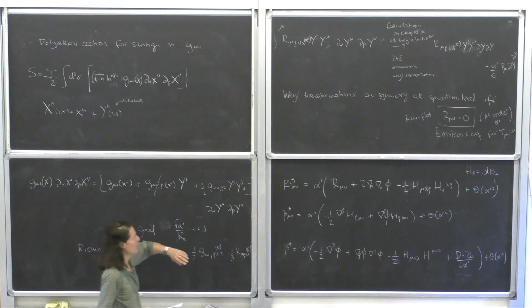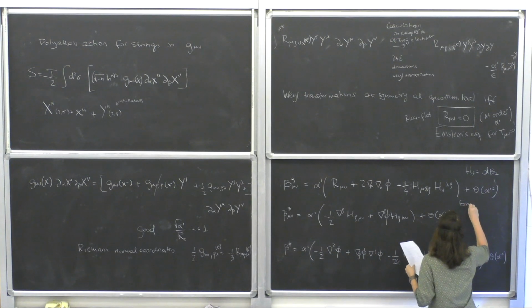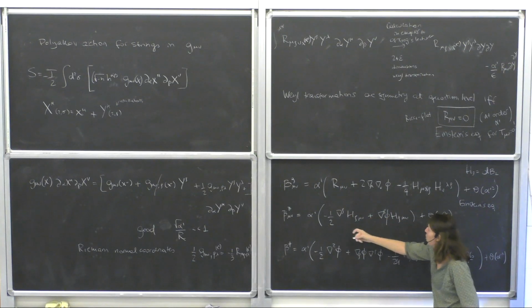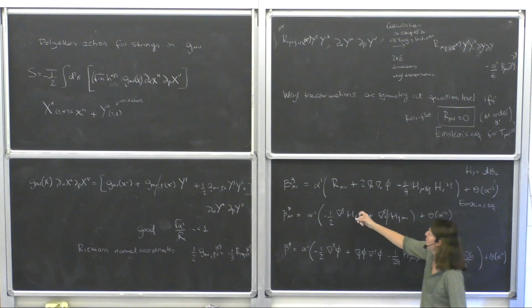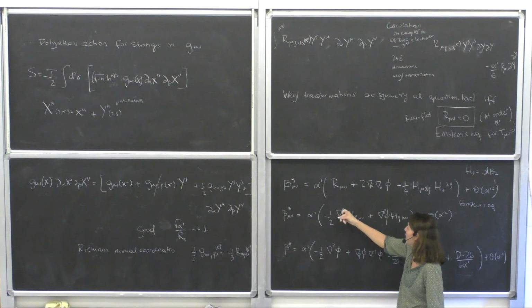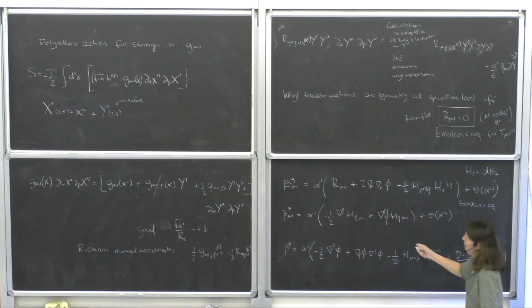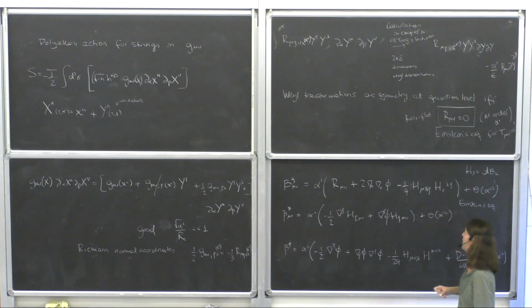So this is Einstein's equation. This is the equation of motion for H. So it looks like in electromagnetism, where you get the derivative rho of F rho mu equals 0. And here, if the dilaton is not constant, it acts as a source.